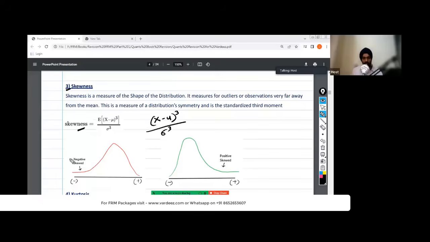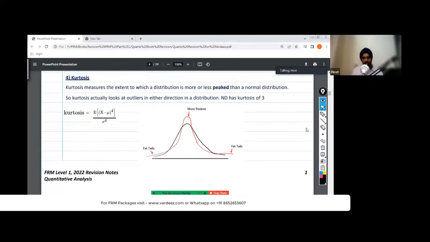That's the formula for skewness. Just like in variance, we standardize by taking the square root and we get the standard deviation. Similarly, if you want to standardize here, I can use the standard deviation cubed. Fair enough. That is the formula for skewness.